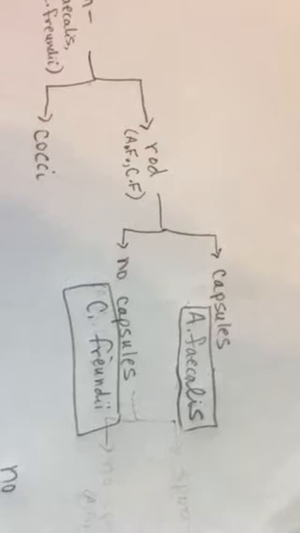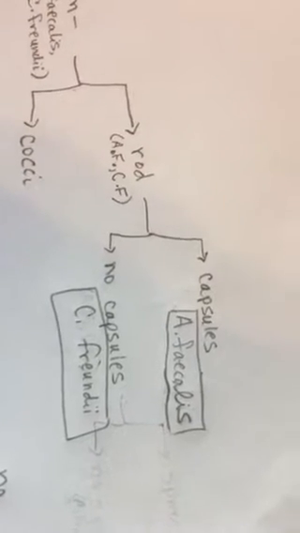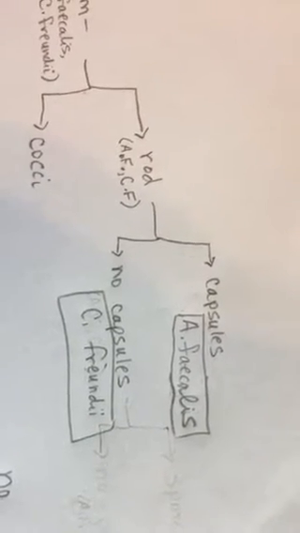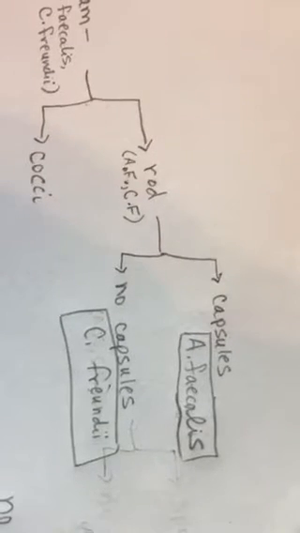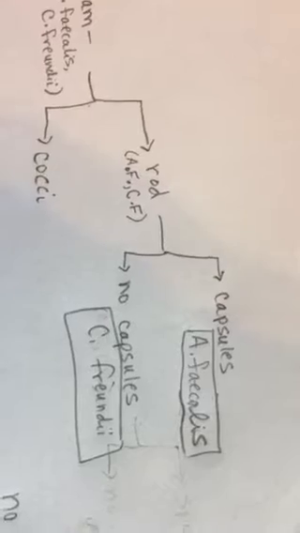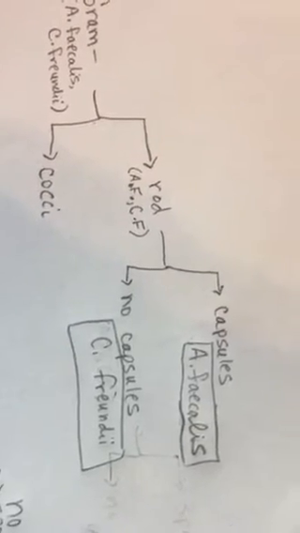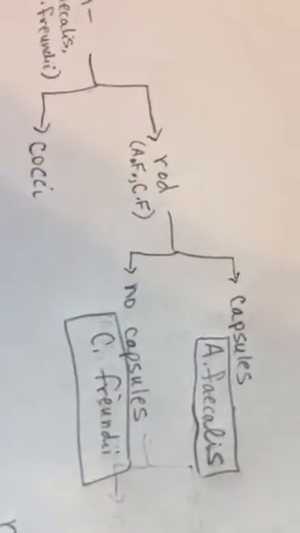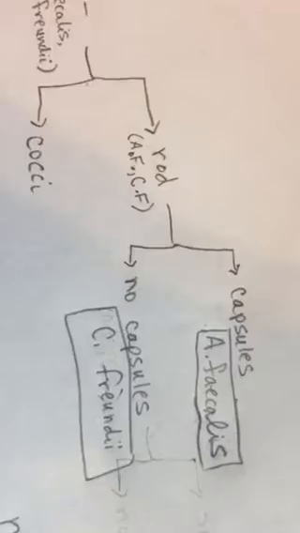Now, based on what I found in my research, A. faecalis will produce a capsule, C. frungii will not, and that is where I stopped. If you got slightly different data, if you found that neither of those species produced a capsule, then you would keep going in this dichotomous chart. But that's where mine ends. That's what I needed to do to differentiate between those 2 species.